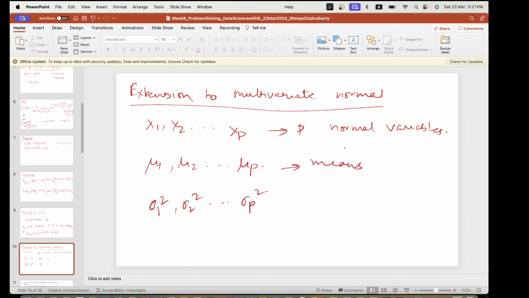These are the means of these p normal variables, and these are the variances of these p normal variables.